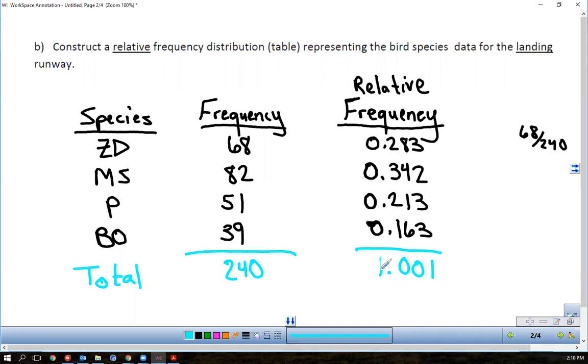Yes. Oh, good catch. We do need a title. What should this title be? Well, what is this? Birds?